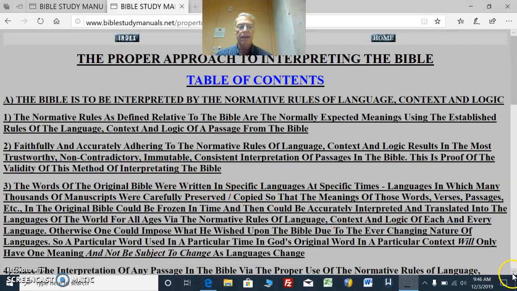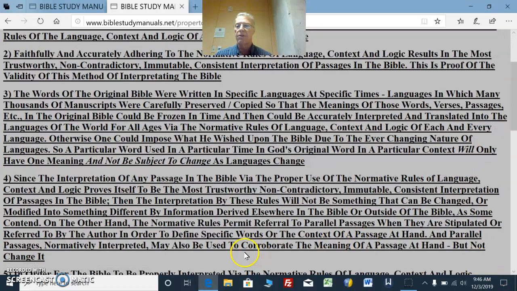Now, we go back relative to the original Bible. The words of the original Bible were written in specific languages at specific times, languages in which many thousands of manuscripts were carefully preserved, copied, so that the meanings of those words, verses, and passages, etc., in the original language could be frozen in time and then be accurately interpreted and translated into the languages of the world for all ages via the normative rules of language, context, and logic of each and every language, available then for all mankind of responsible age.